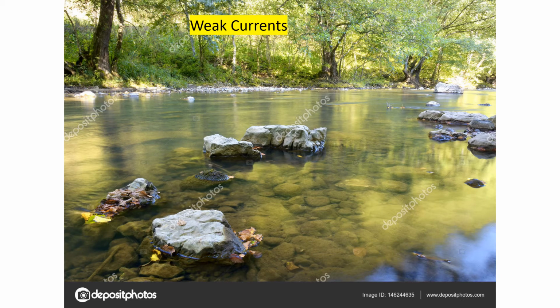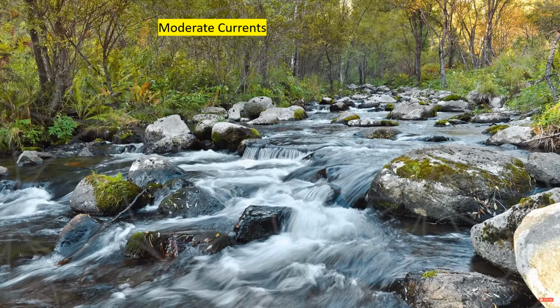This is an example of a weak current. A gently flowing stream. If there's anything being carried in the water column here, it's going to be the very finest of particles, maybe some clay particles that are being carried along. And then this would be a moderate current. We might have some silt in here, maybe even some sand that's being carried along.